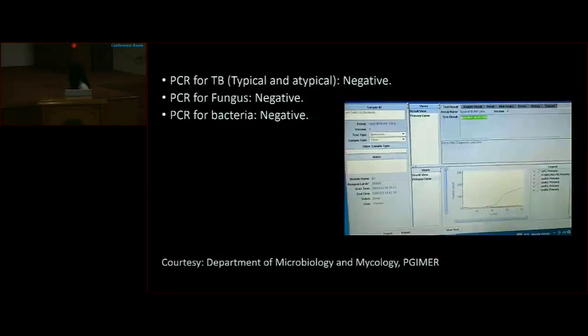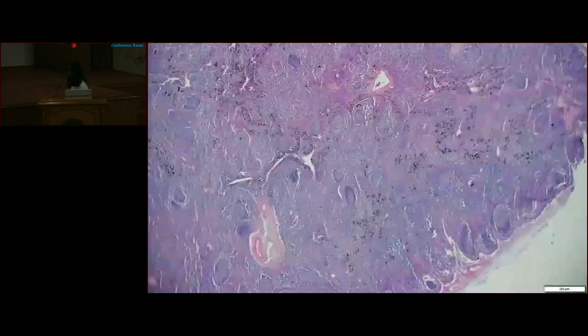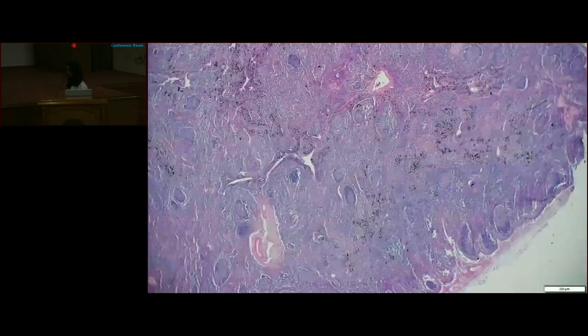PCR for TB, both typical and atypical, for fungus and for bacteria, had negative results, courtesy Department of Microbiology and Mycology. Multiple sections from the hilar lymph nodes were examined and reactive lymphoid hyperplasia was noted.